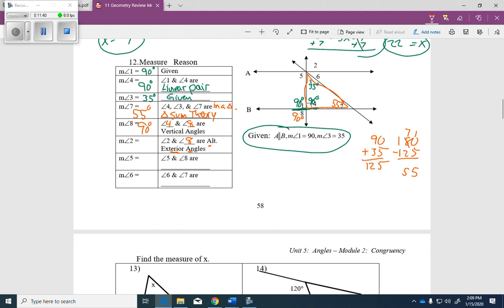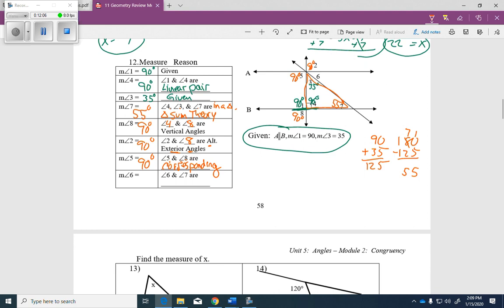And if 8 is 90, that means that 2 is 90 because alternate exterior angles are congruent. Then they want angle 5, and they tell me to compare 5 and 8. 5 and 8 are corresponding. They're the ones that like slide on each other. If angle 8 is 90, then angle 5 is 90 because corresponding angles are congruent.